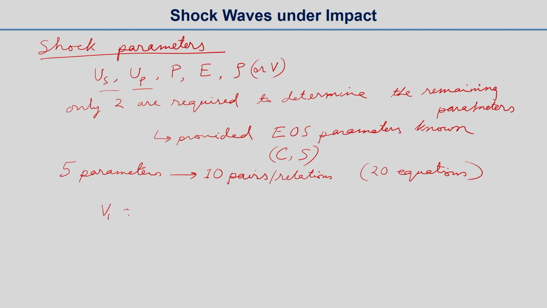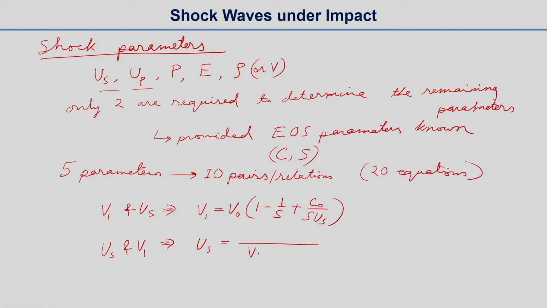That relationship is written as V1 equals V naught (1 minus 1/S) plus C naught over S Us, and otherwise, if you write the relation as Us in terms of V1, Us is equal to (V naught minus V1) over the numerator, S V naught minus V1, and C naught V naught.